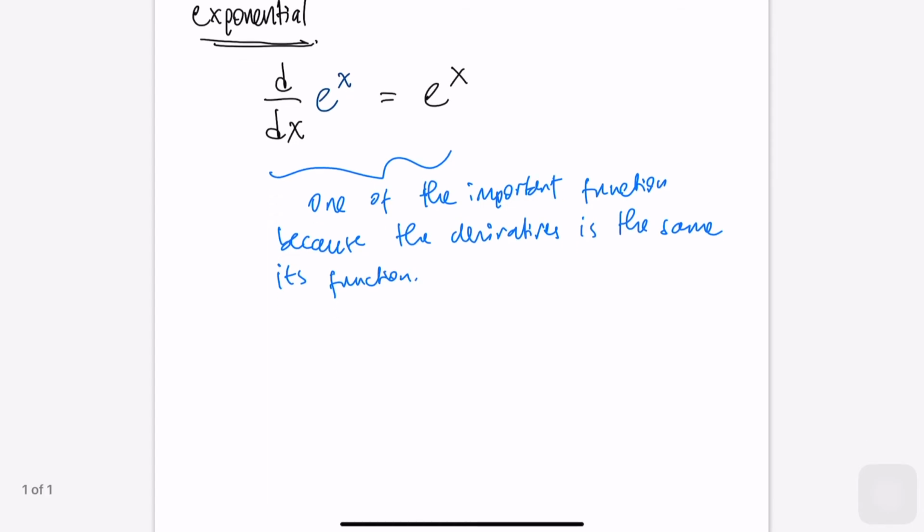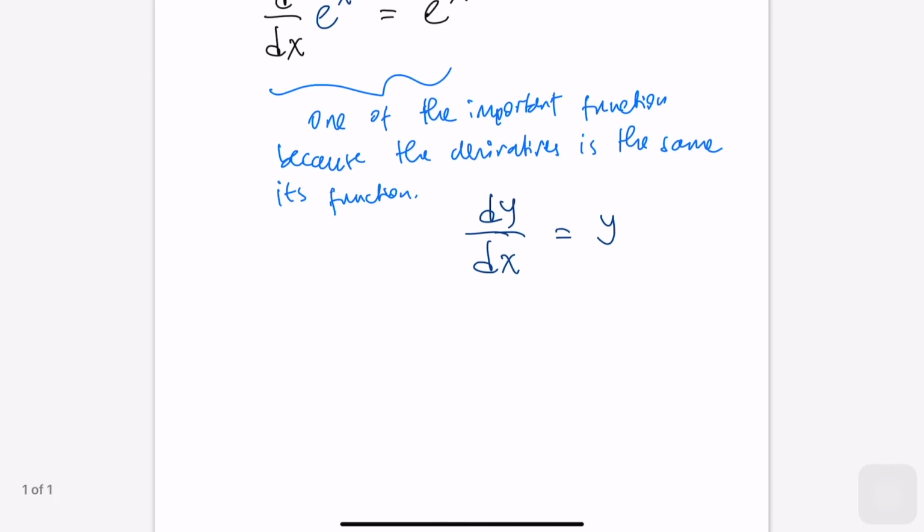Or if you would like to write it as dy/dx, it is the same as y itself. This is why it's important.